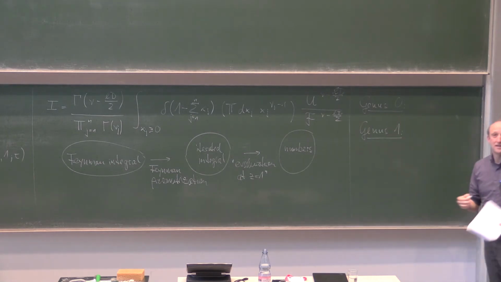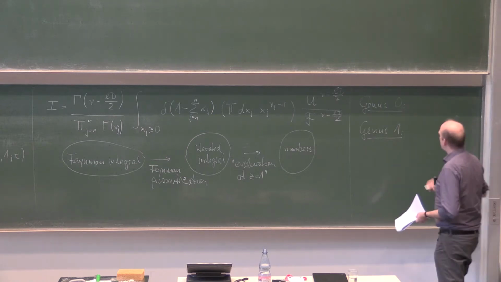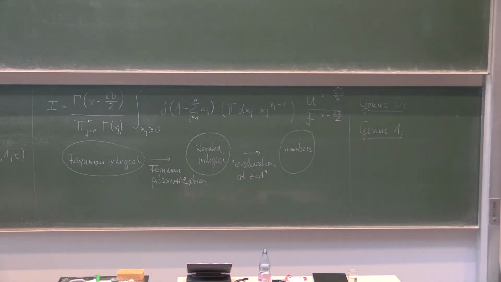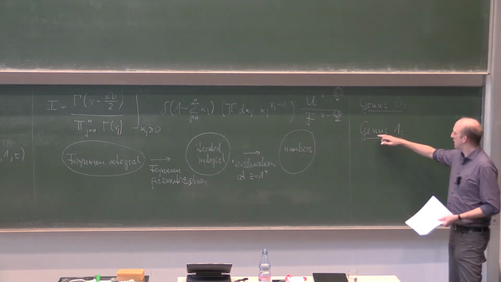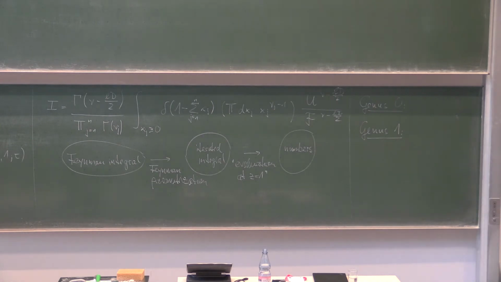However, it is natural: we are going to consider integrals on genus 0 and integrals on genus 1. Roughly, the first 2 lectures are devoted to genus 0 and a collection of tools, and the second 2 lectures, on Thursday and Friday, will be about genus 1, because these are a little more complicated numbers.